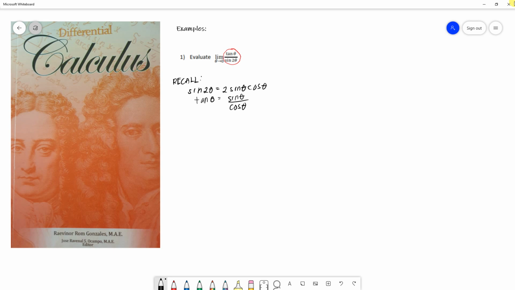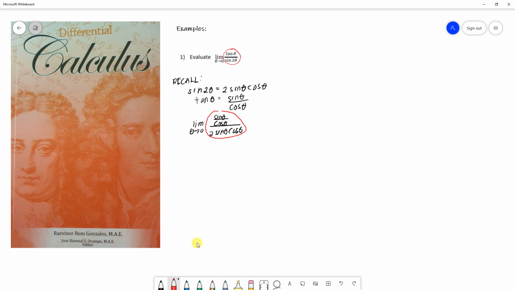So we can now replace the problem. The limit of tangent theta, where tangent is sine theta over cosine theta, divided by sine 2 theta, which is equal to 2 sine theta cosine theta, where theta approaches 0. So how do we evaluate this part first? We can cancel something there.